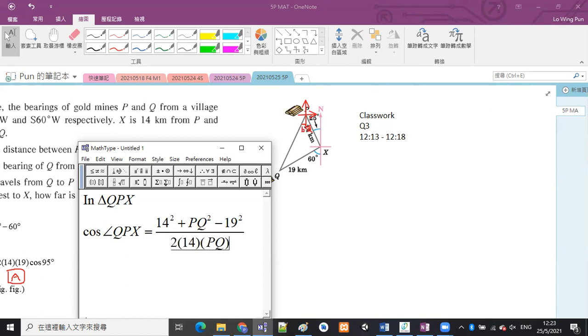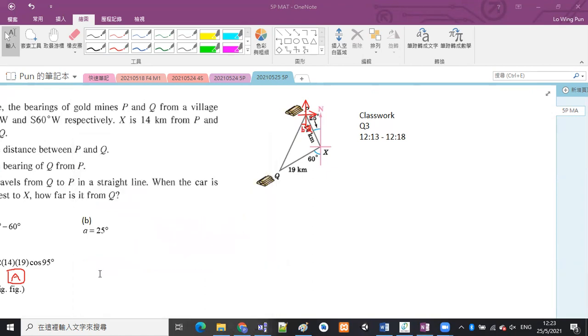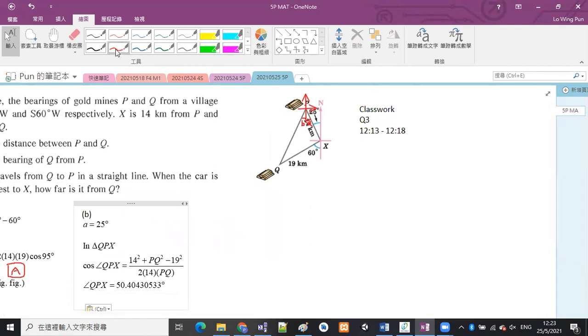PQ will be memory A, right? Okay, so angle QPX should be like this: 14 squared plus memory A squared minus 19 squared, enter, divided by bracket 2 times 14 times memory A. Shift cosine. Let us call this memory B. Save this to memory B, I mean.